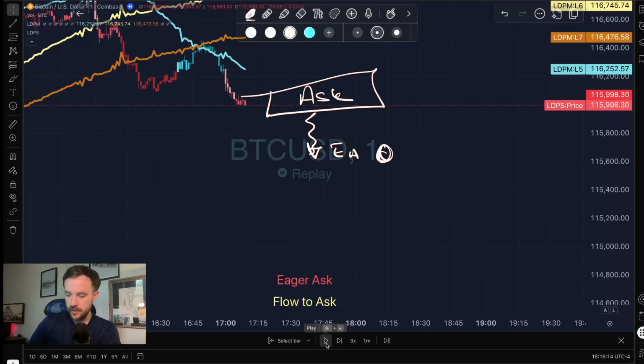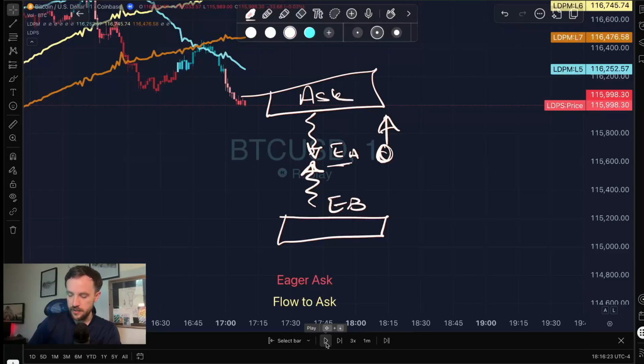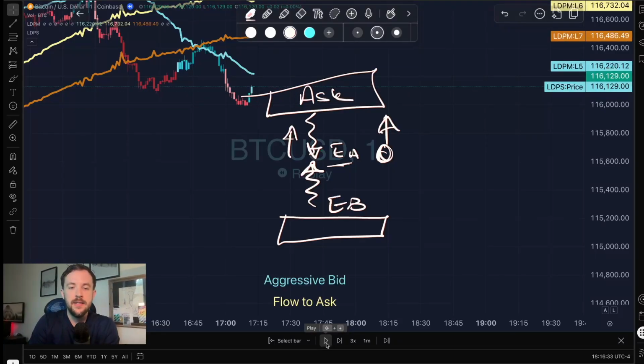But we see liquidity is flowing up to the ask. So that means there is a growing presence of an eager bid that is digesting through the eager ask and is now becoming the dependent party, right? So they are now becoming the party that needs the other side in order to transact. And then that bid walks through, right?